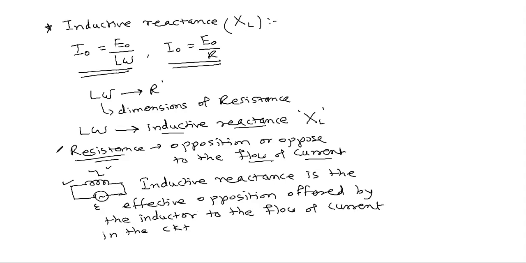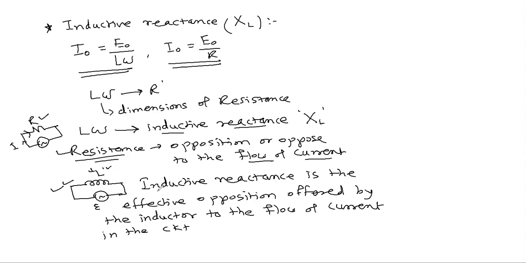As we defined the resistance in the resistive circuit like this one, this resistor of resistance opposes the flow of current. Whatever current is flowing through this, it will oppose. Similarly, in the inductive circuit, where you have connected the inductor across this EMF or voltage, it will also oppose.